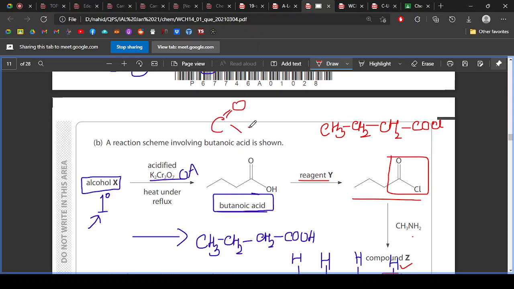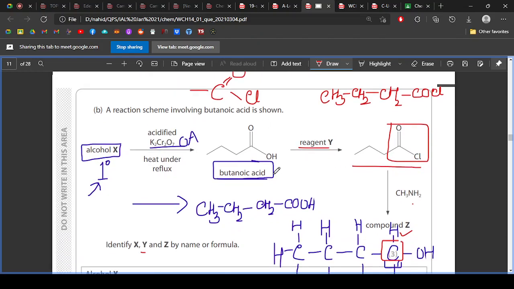This COCl is the acyl chloride functional group. So they're telling me that you have to convert a carboxylic acid into an acyl chloride. How would you do that? Any suggestions?